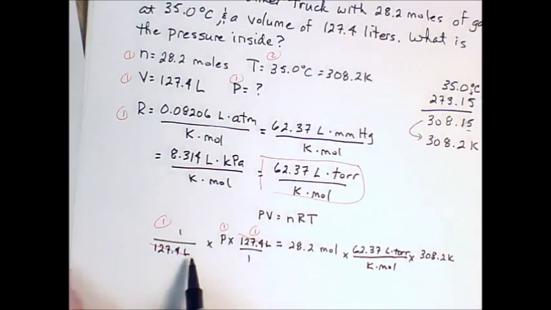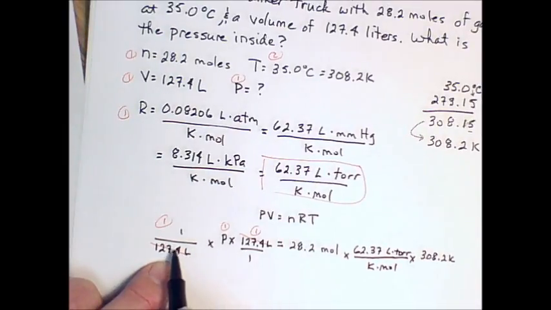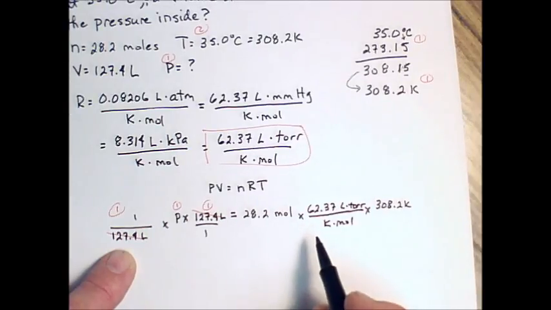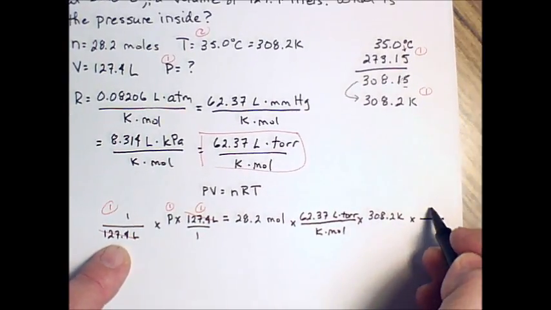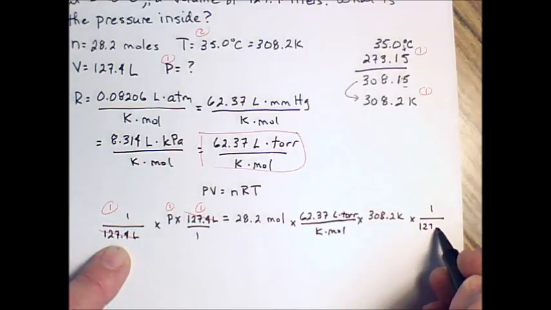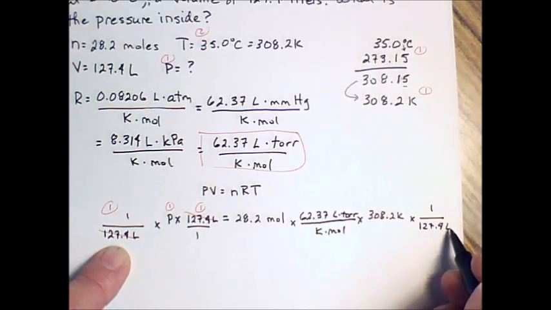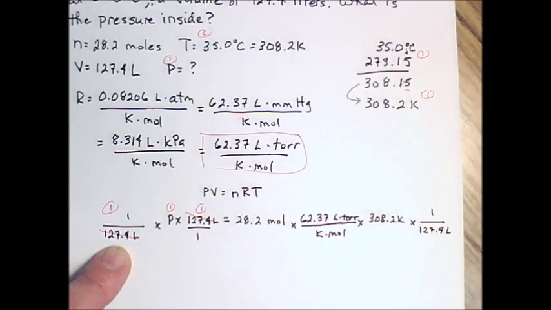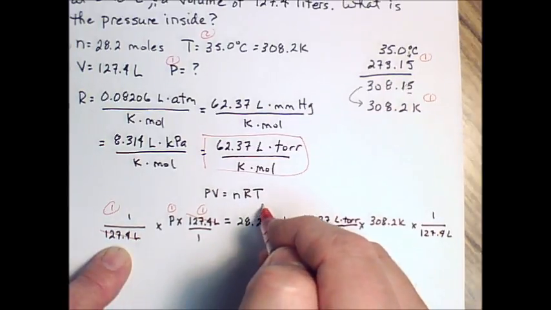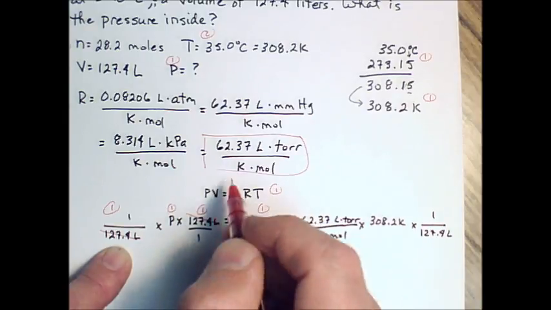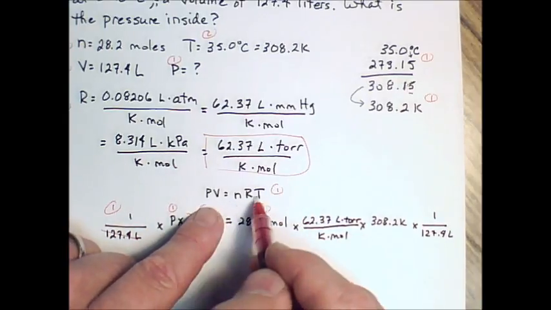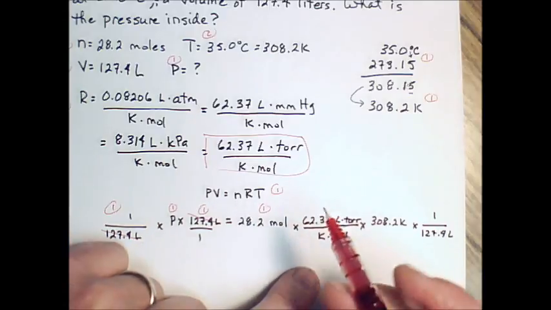If we add something or multiply something on this side that's new, we also have to do the same thing to the other side of the equation. So over here, I'm going to multiply by that 1 over 127.4 liters. And that's all these values, putting these in the equation, that's worth the point. So is this unrounded or unplugged equation, the raw ideal gas equation.